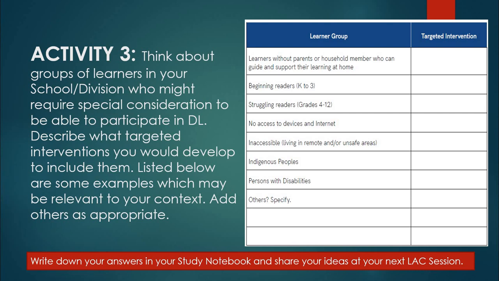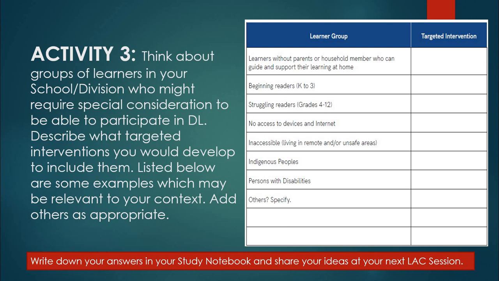Listed on the table are examples which may be relevant to your context. Add others as appropriate. Write down your answers in your study notebook. This time still, you will be using your study notebook and share your ideas at your next LAC session.